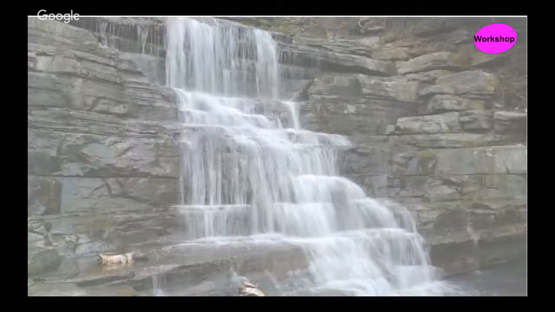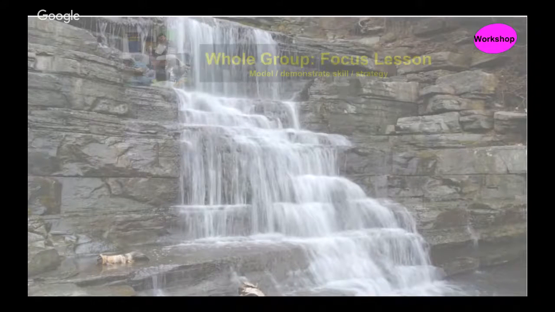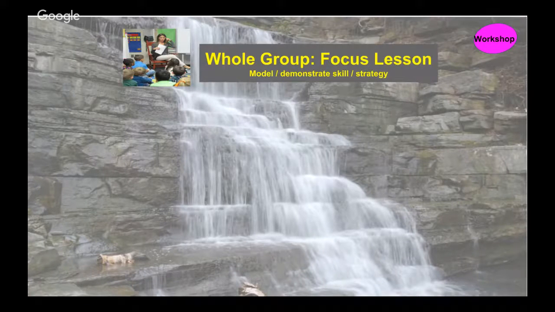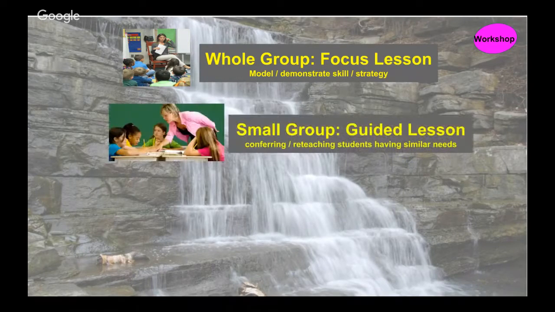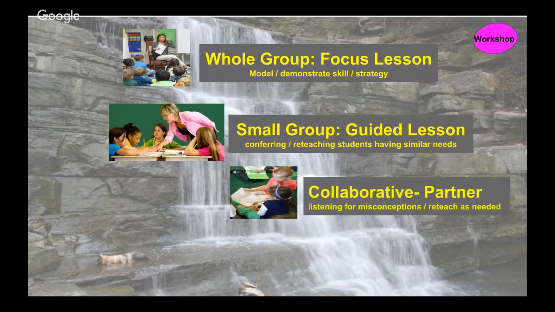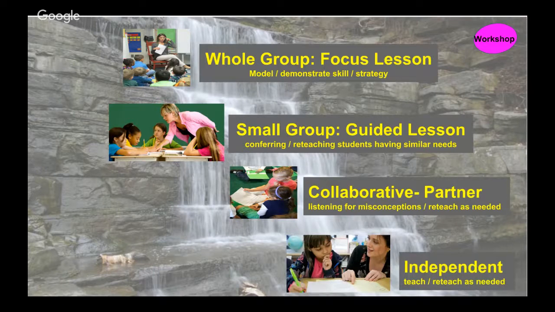When we were implementing our writers workshop, we talked about instruction kind of like a waterfall, that in whole group, you're going to have this focus lesson, if it's going to be about revision, let's say, as an example, that would follow from whole group. You'd be doing revision also in small group or guided lessons. Partners would be revising together, and eventually you would be checking a one-on-one, and you would be checking that revision.